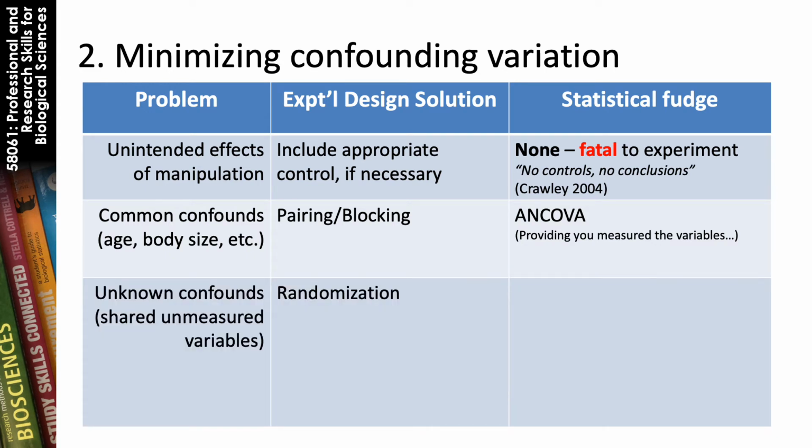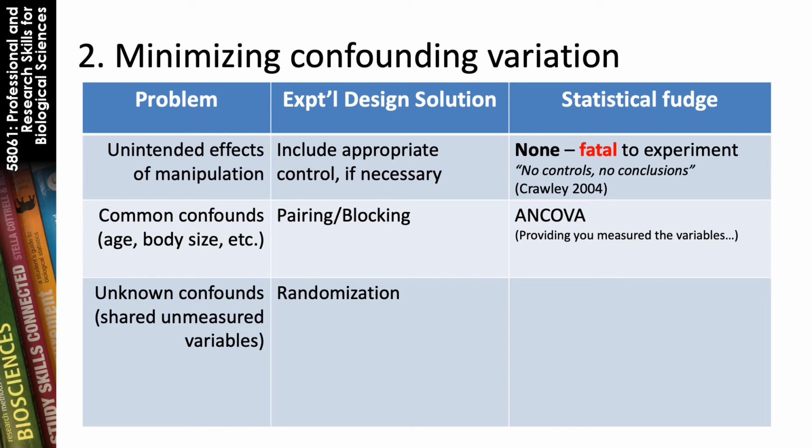A slightly more problematic thing is unknown confounds, so shared variables that you haven't measured. If you haven't measured body size or age or something, but you suspect that some of your experimental subjects might share values of age or body size that might be potentially driving some of the patterns that you're seeing, then you need to try to account for that in your experimental design.